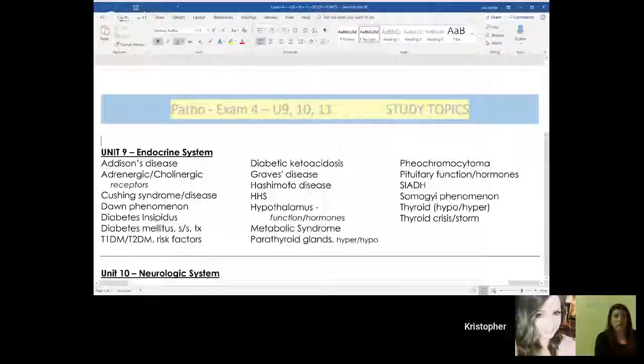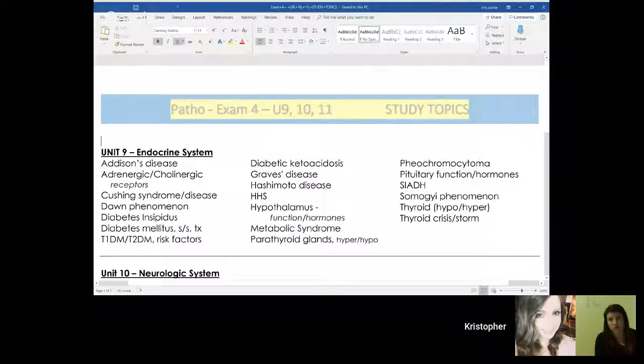Okay, so the difference between DKA and HHS is that DKA is going to have ketones and acidosis, like when you take their levels. Those are going to be caused because they're not producing any insulin.